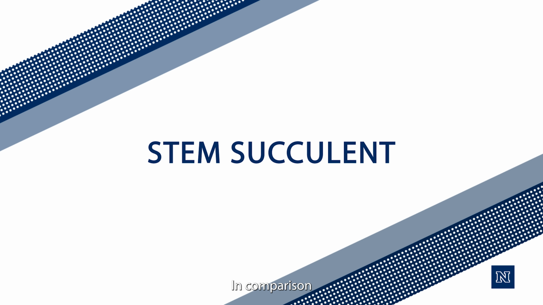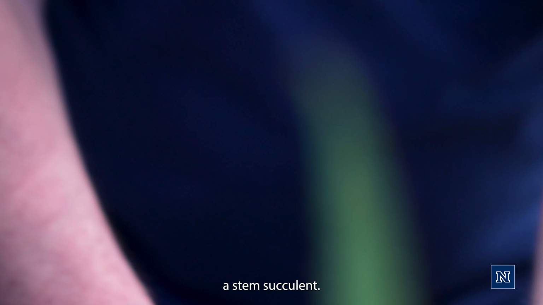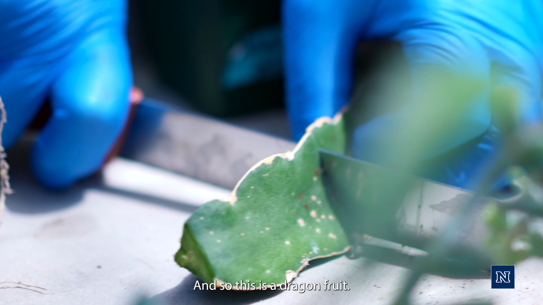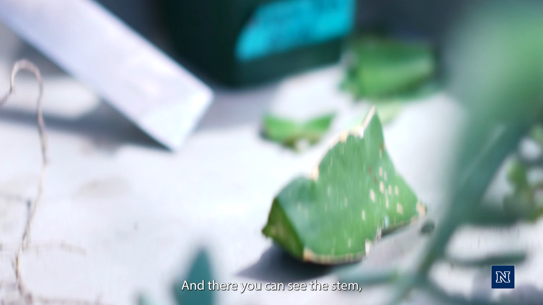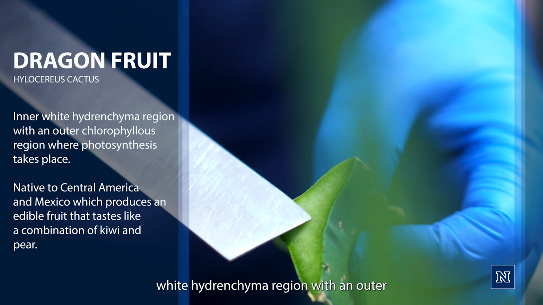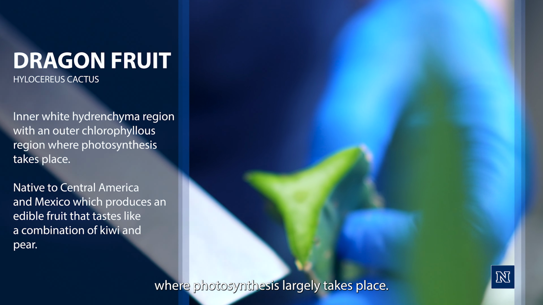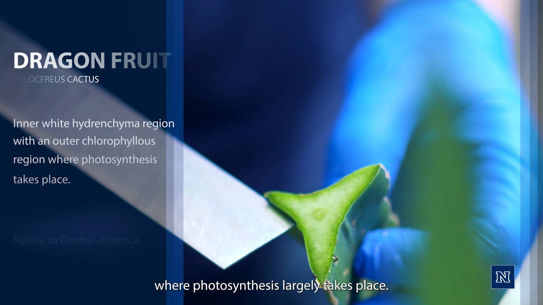In comparison to leaf succulents, we also have stem succulents, and this is an example of a stem succulent. This is a dragon fruit, and there you can see the stem, which has this inner white hydrenchyma region with an outer chlorophyllous region where photosynthesis largely takes place.